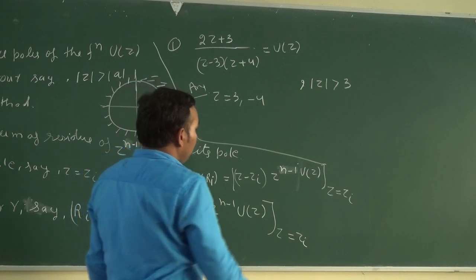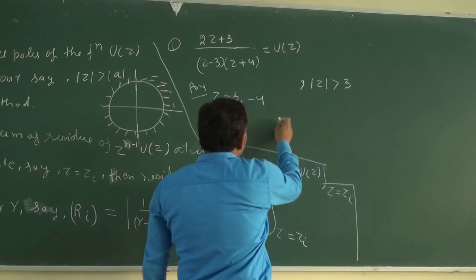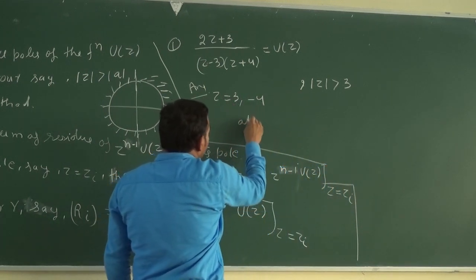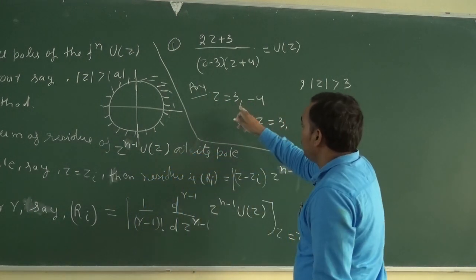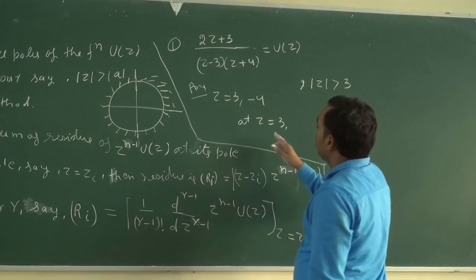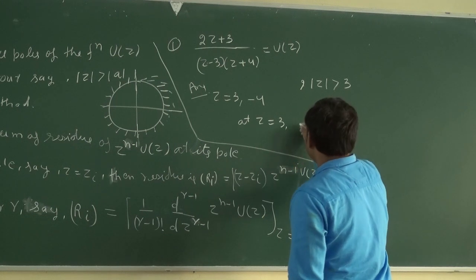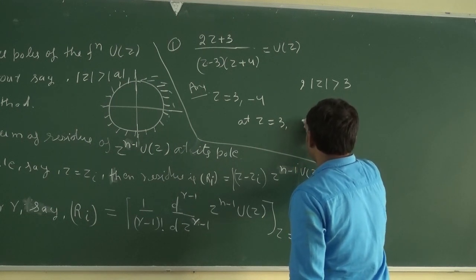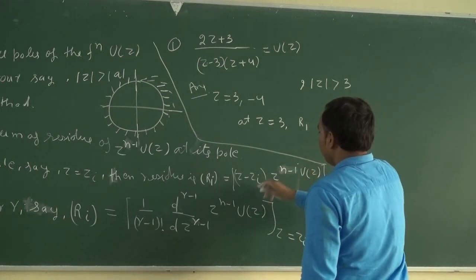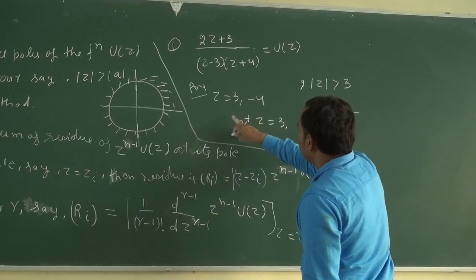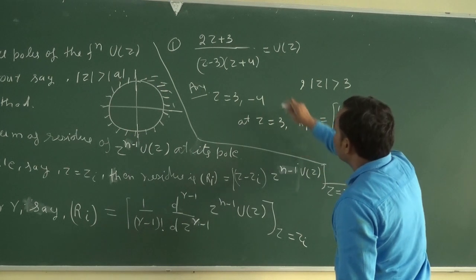So how to find the residue? Z is equal to 3 and Z is equal to minus 4 are simple poles. So for Z is equal to 3, the residue, say R1, equals (Z minus 3) U of Z. What is U of Z?